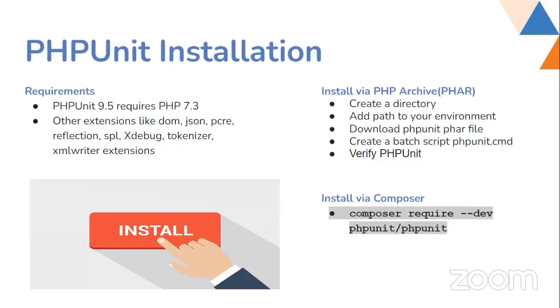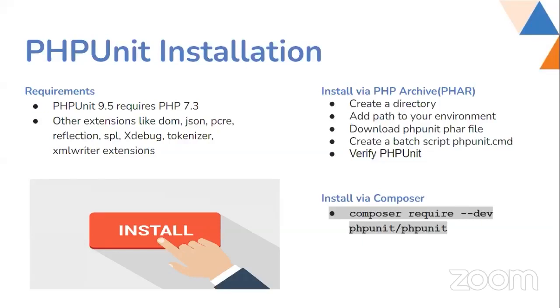There are two ways in which you can install PHPUnit. One is using Composer and another is using PHAR. The easiest way is to install PHPUnit through Composer.